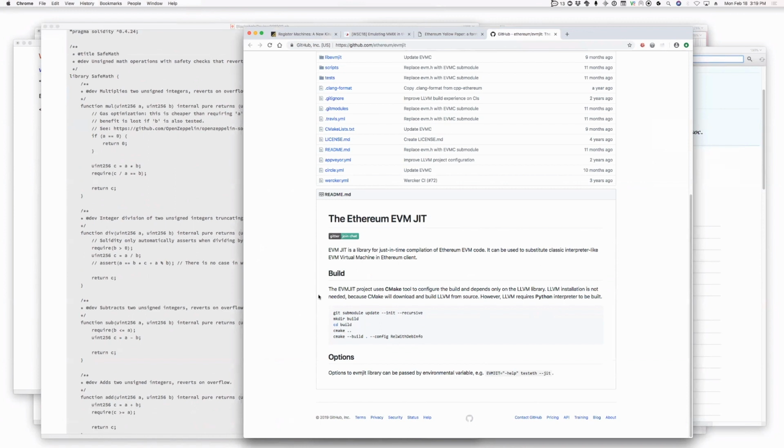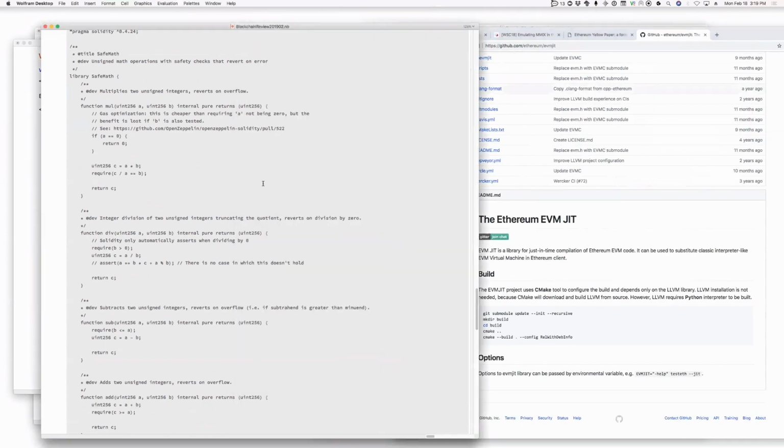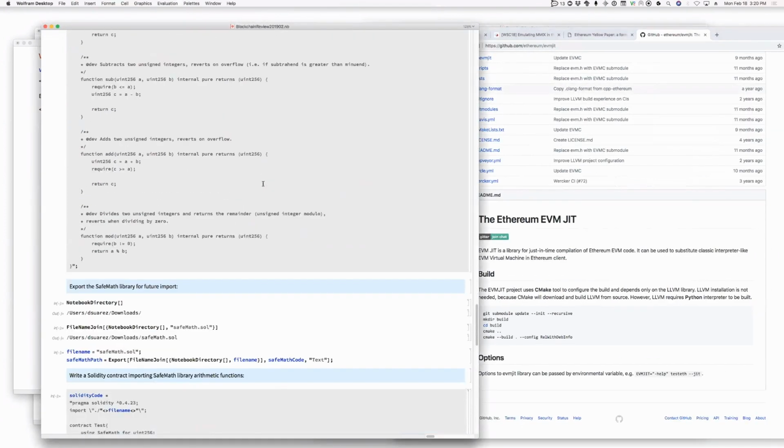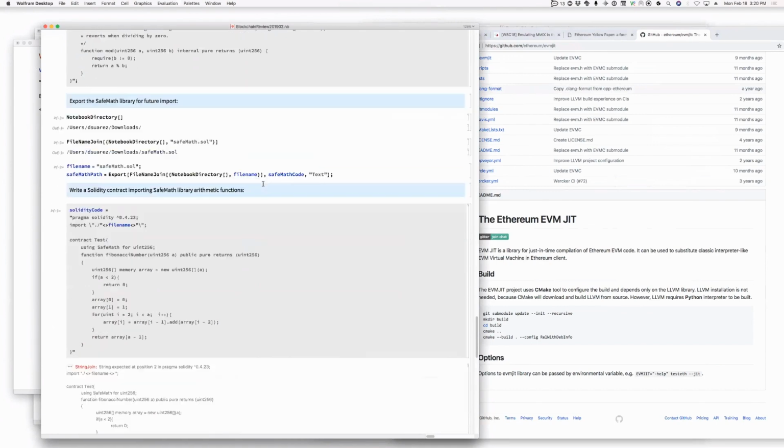Okay, right. So it creates LLVM code from EVM. Makes sense. It allows you to run EVM in an LLVM virtual machine. Okay.